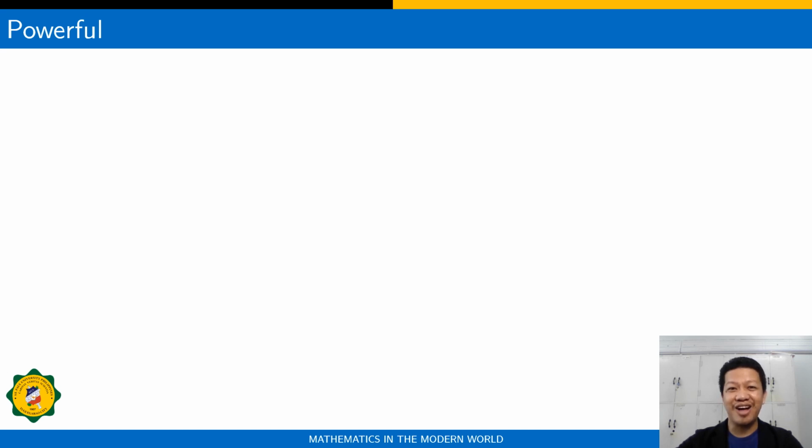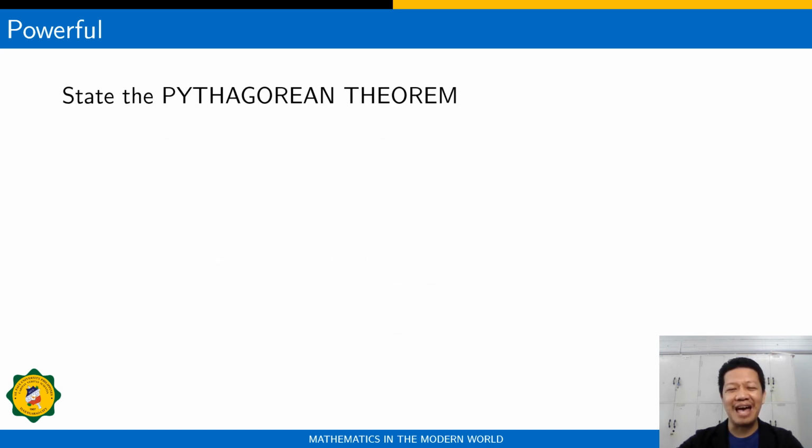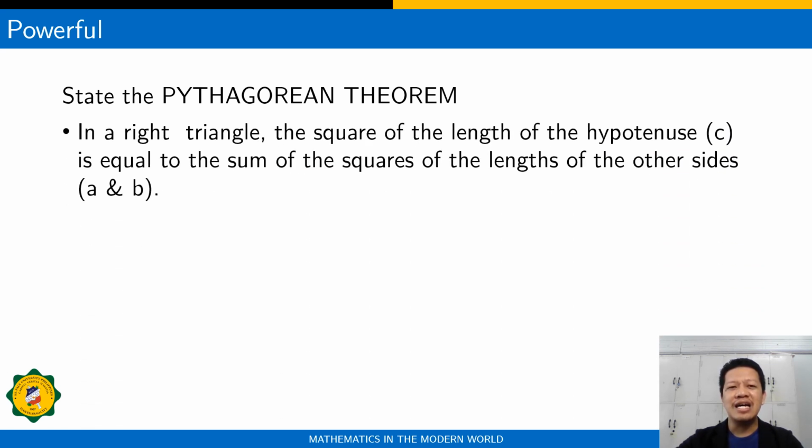And why is math language powerful? Let's have the same example, the Pythagorean theorem. Isn't it we actually stated it in one sentence? In a right triangle, the square of the length of the hypotenuse is equal to the sum of the squares of the lengths of the other sides. If we represent the hypotenuse with a variable c and the other two sides as a and b, okay?